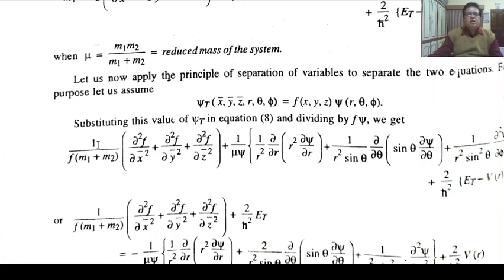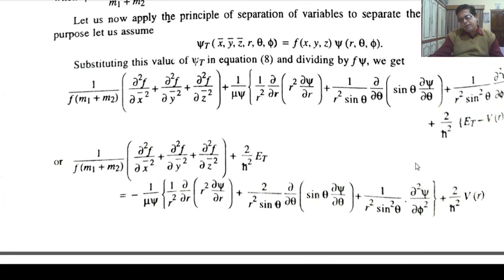Now this equation becomes 1 upon f, 1 upon m1 plus m2 del 2f upon del x bar square plus del 2f upon del y bar square plus del 2f upon del z bar square, plus 1 upon mu psi, the same term del 2 psi, plus 2 upon h bar square (Et minus V) equal to 0.